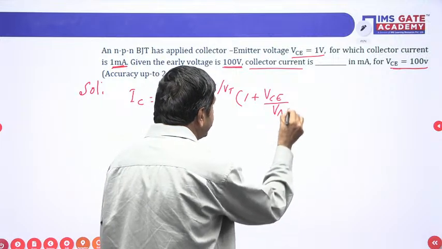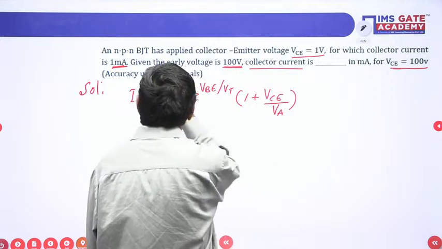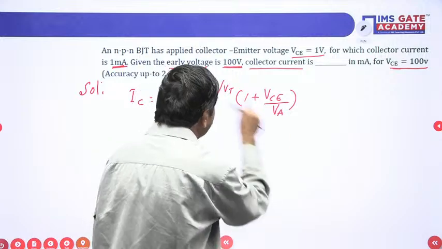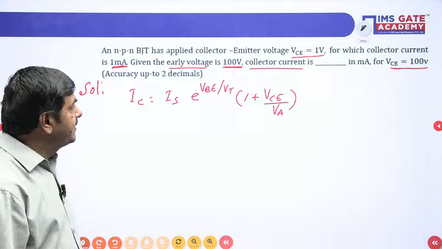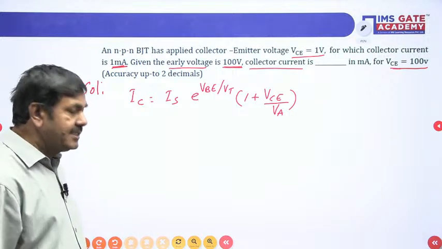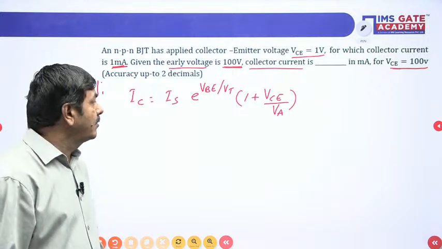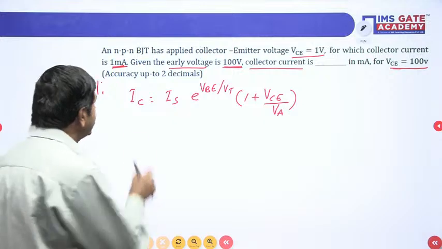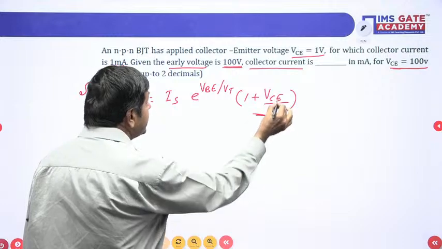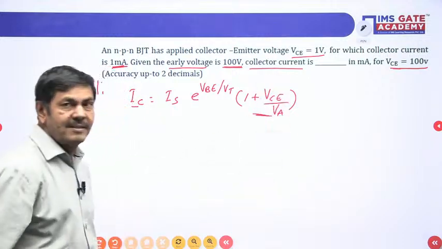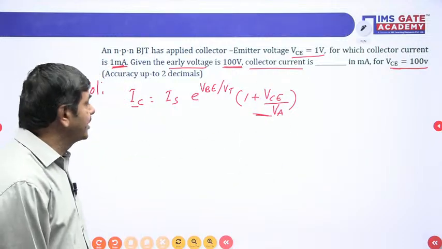Early voltage VA, not lambda, sorry. This is the Early voltage, VA only. So 1 plus VCE by VA is the formula generally we apply to find the collector current. Here IC depends upon this factor, because only VCE changes in the problem. The change of VCE is changing the collector current.